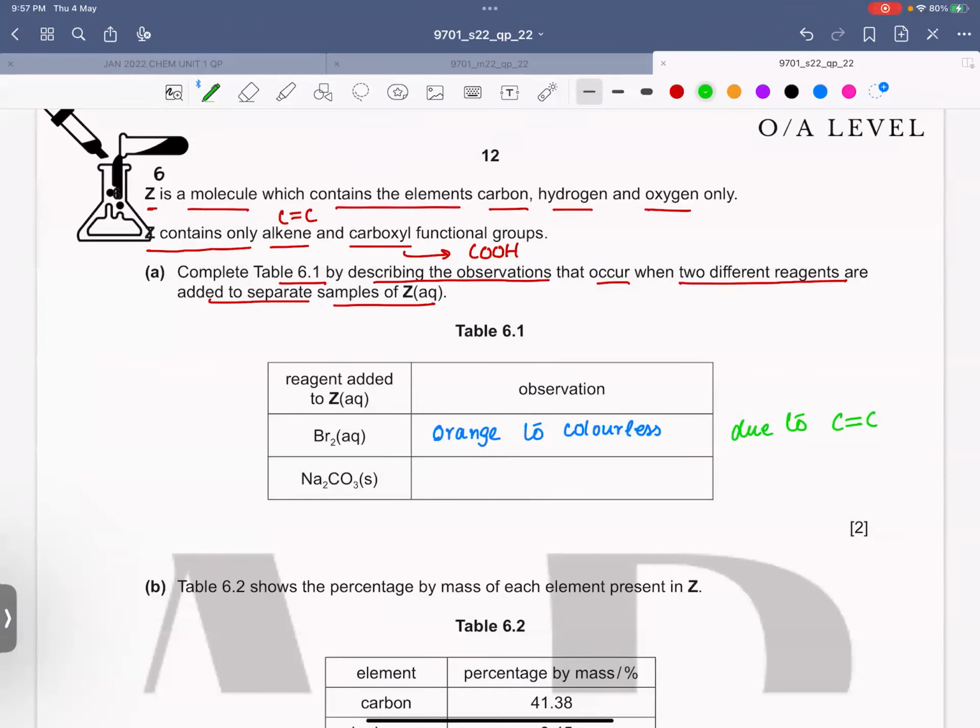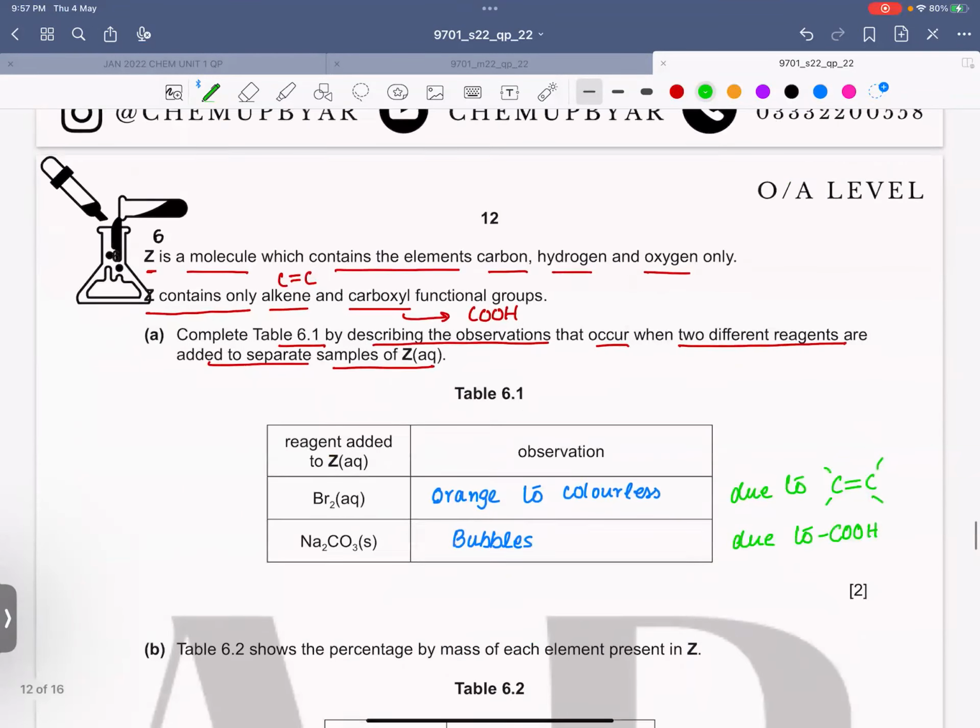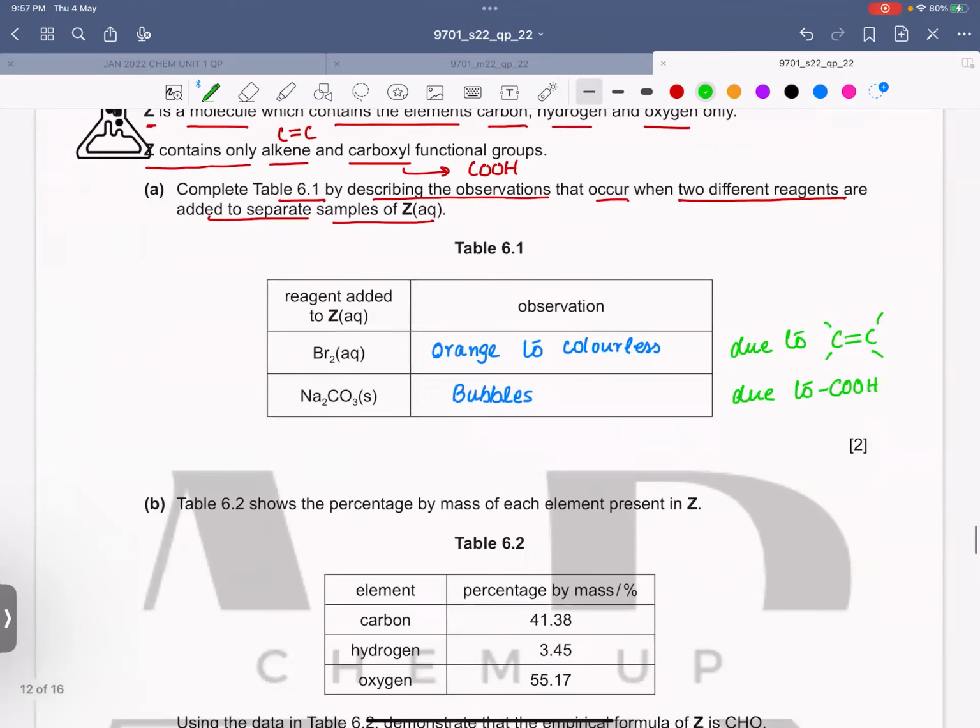And when we add sodium carbonate, you are going to observe bubbles of carbon dioxide, and that is due to the presence of a COOH or carboxyl group in the compound. Is this understandable to everyone? Yes.